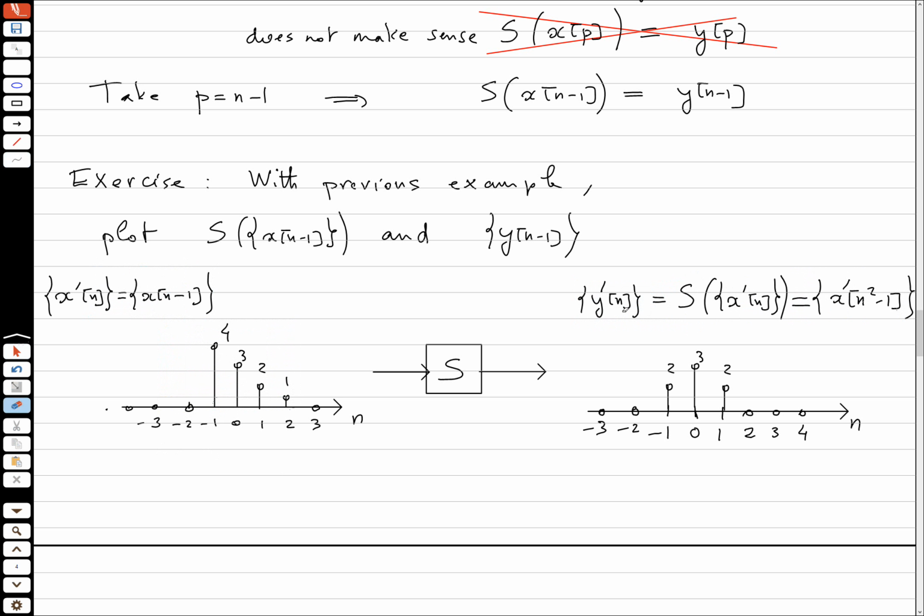y prime of 0 is x prime of minus 1, which is 4, right? So we're going to get 4. y prime of 1 is x prime of 0.